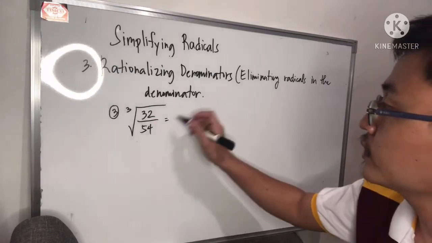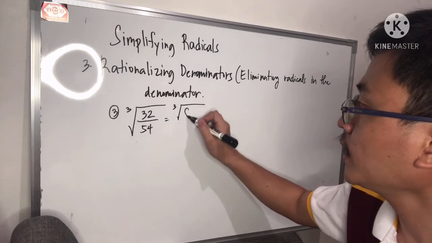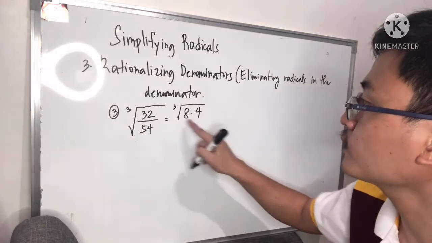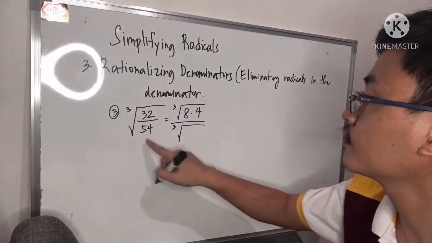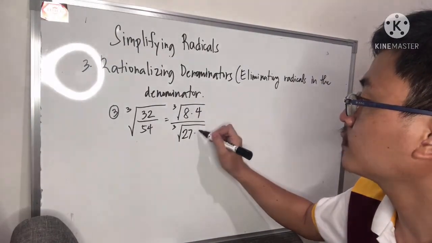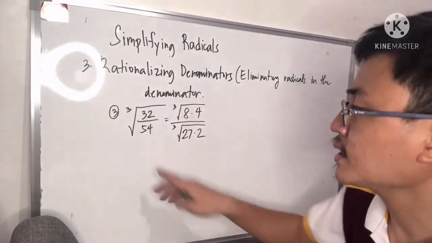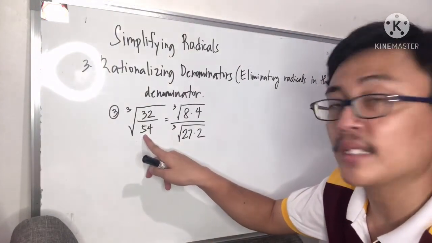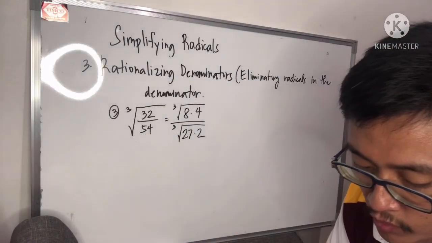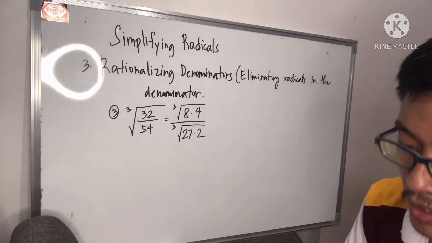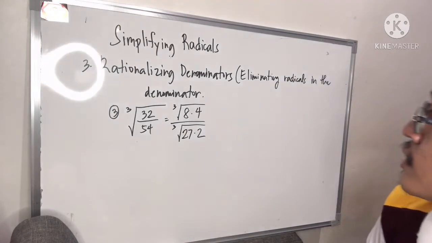So, factors ng 32, pwedeng 8 tsaka 4. 8 times 4 is 32. Sa baba, we have, pwede dyan, 27 and 2. So, ang tanong, bakit natin siya inuwanan ng factors? Kasi, kung mapapansin yung denominator natin, medyo malaki. No? 54. So, pwede natin siyang reduce. Reduce muna natin siya.